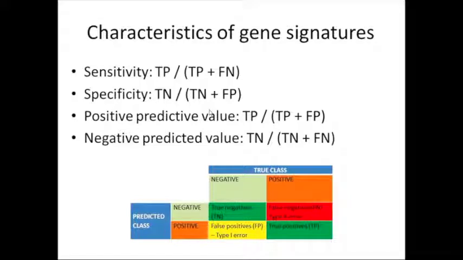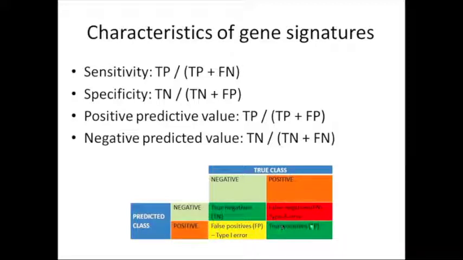These values are important for a population level analysis, but they are not so informative for individual patients. For an individual patient, more informative characteristics are positive and negative predictive values. What are these parameters? Positive predictive value is the number of true positives divided by the sum of true positives plus false positives.